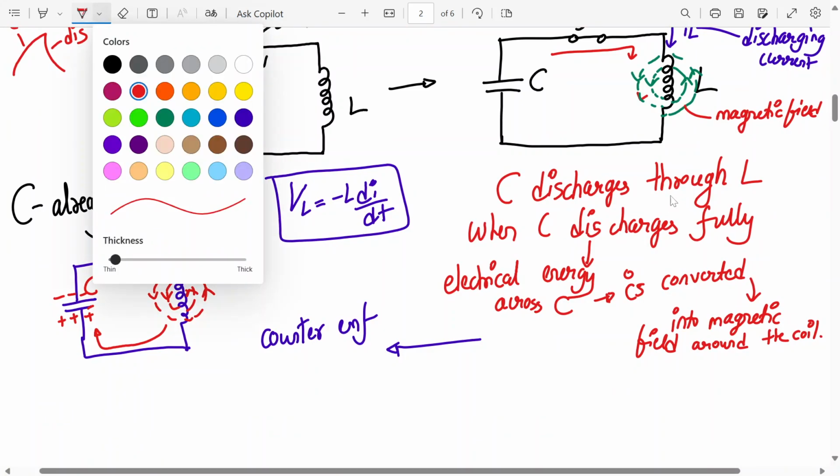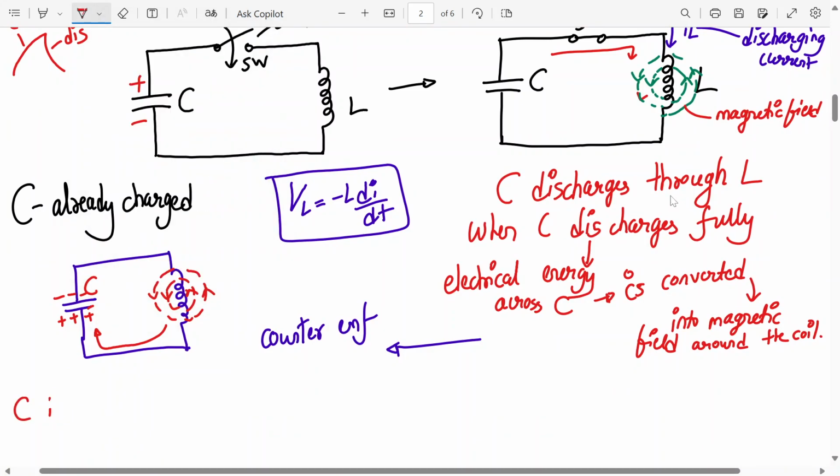So we can say C is charging slowly in the opposite direction with opposite polarity across its plates.